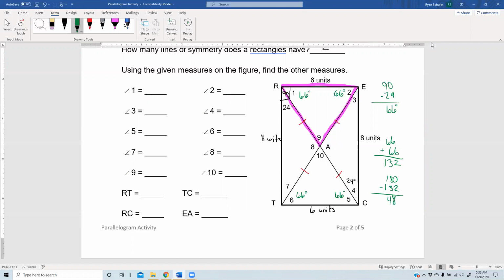Yeah, 48. So this means angle 9 is 48 degrees, which these are vertical. 9 and 10 are vertical, so that means 10 has to also be 48 degrees. Now, 48 and what give you 180? 48 and 132. So this has to be 132 over here.